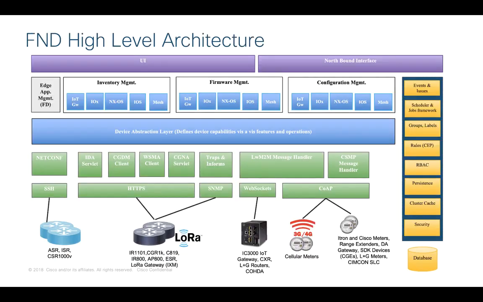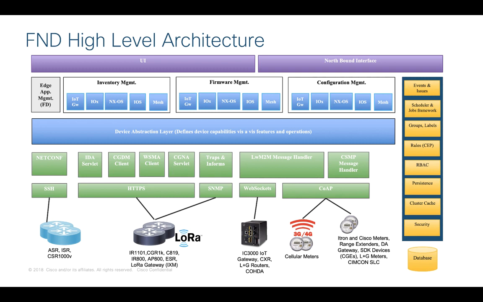Let's take a look at FND's high-level architecture. There's a couple of ways to access the application. One is through the UI and the other one is through the northbound interface. The application has a few modules that interact with devices using the protocols shown in green. The iOS app management module, previously known as Fog Director, is now integrated as part of FND's Postgres distribution.